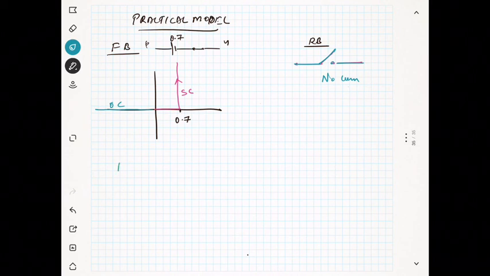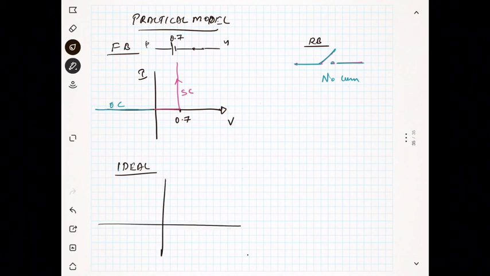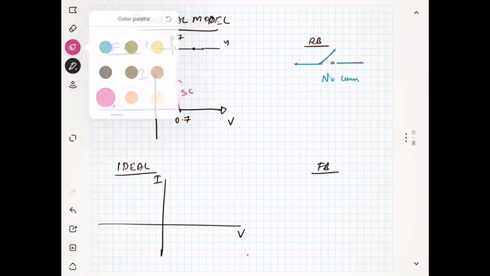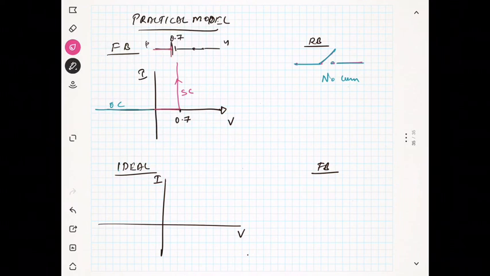Now we have the ideal model. This is the voltage and current characteristics I am drawing. In the forward bias, positive here, negative here, the ideal model is a short circuit, and in the reverse bias, I told you, it's simply an open circuit.